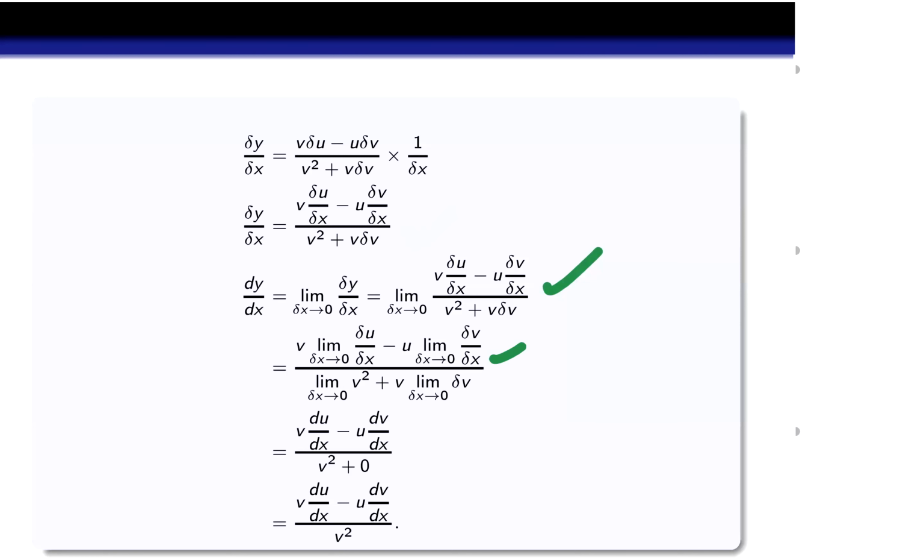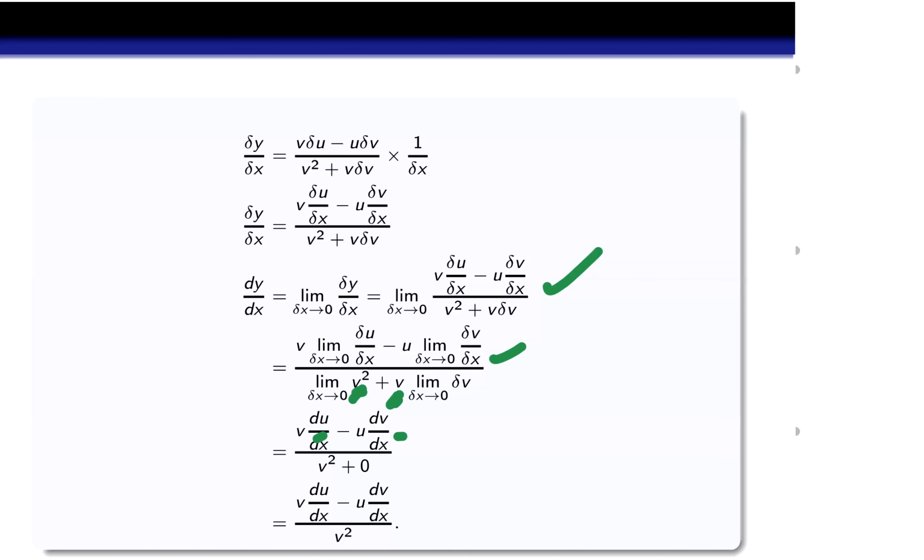Then you also take the limit of the v squared down there, and the limit of delta v. So wherever delta v remains in the denominator, it is going to affect the expression. The top becomes v du dx, and this becomes u dv dx, and v squared has no delta x, so it just remains v squared.